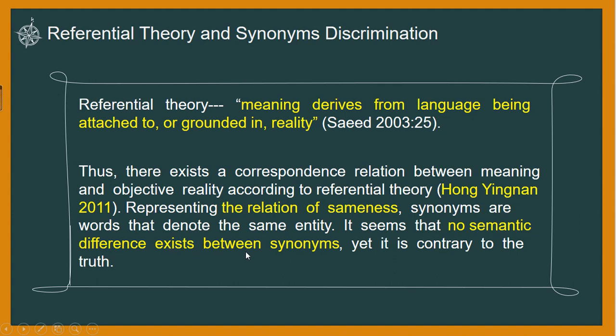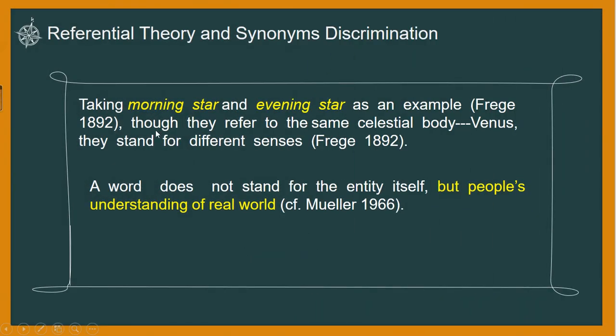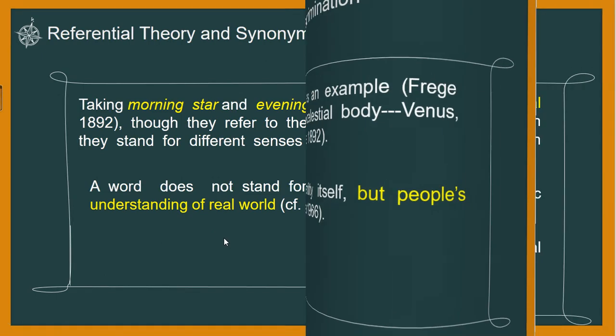Yet it is contrary to the truth. For example, the morning star and the evening star, they have different senses. Another scholar mentions a word does not stand for the entity itself, but it adds people's understanding of the real world.